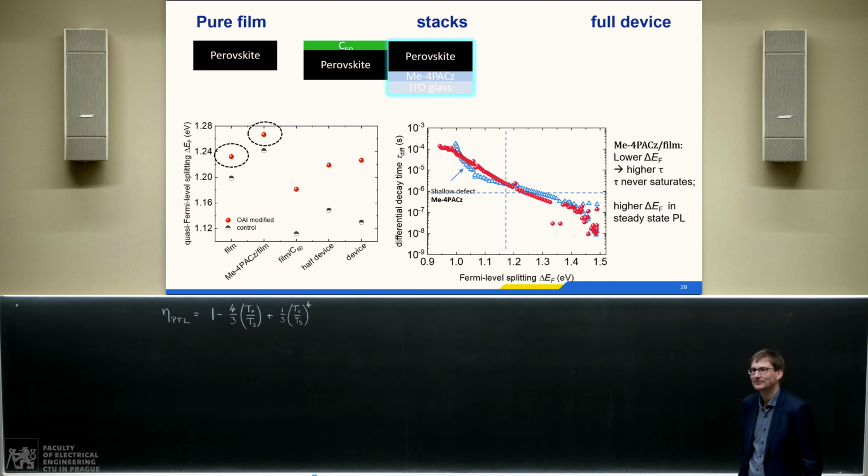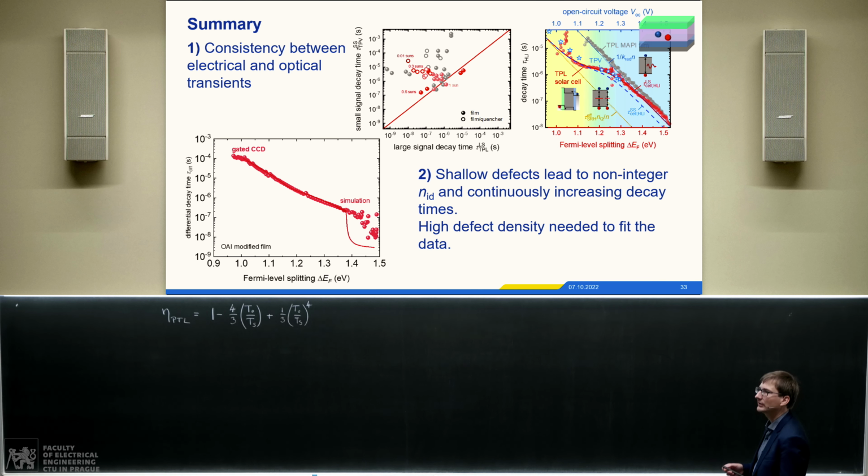I just wanted to ask if you compare the MAPI and the triple cation. It's on the picture at the very end. So it means that the MAPI is an almost ideal material, without shallow traps, and the triple cation has a lot of these shallow traps, or what's the conclusion? I don't think that every MAPI is like this particular MAPI.